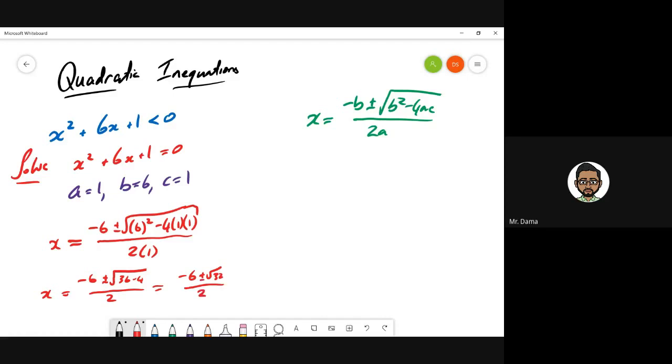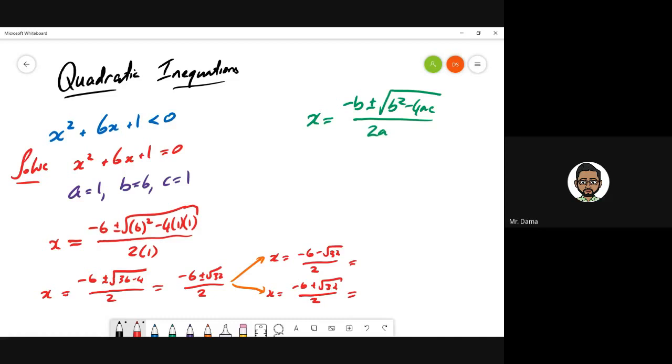Now what I'm going to do is find out what these two plus or minuses are. So let's try. We've got x equals negative 6 minus root 32 over 2, and x equals negative 6 plus root 32 over 2. I'm just going to grab a calculator and find out what these are.